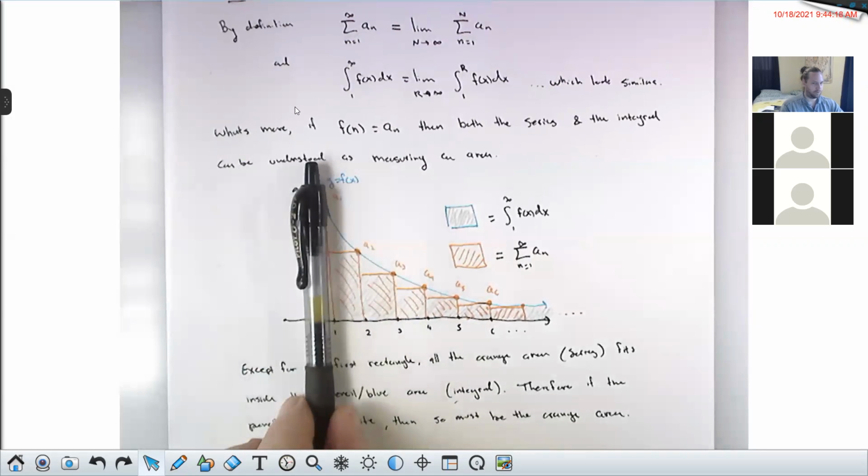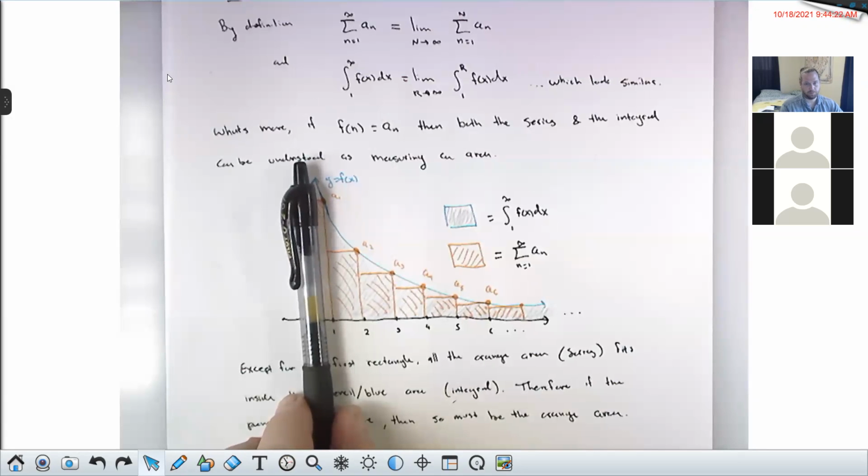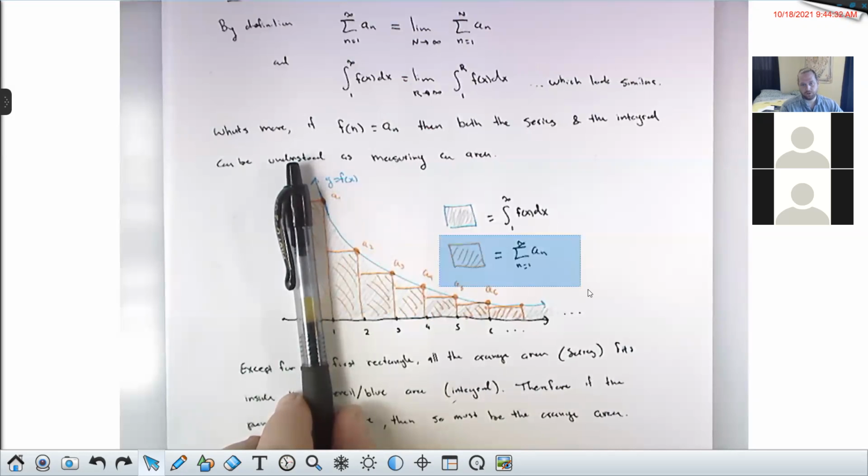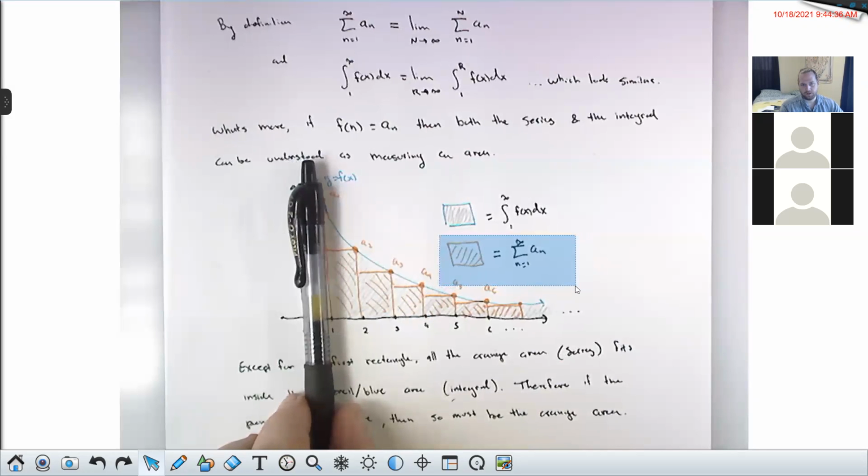So forget about that first rectangle. It doesn't matter. It's necessarily finite. It's just one term. What I want to know is, is all this orange area finite when I add all of it up from 1 to infinity? That's my series, sigma a_n. I want to know, is that finite? Does that series converge?